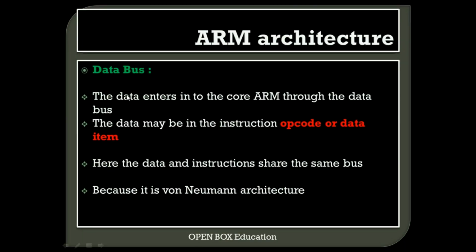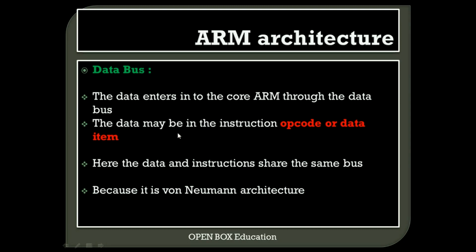Next we will talk about the data bus. The data enters into the ARM core through the data bus. That is, we know that the data will enter the ARM core through these data lines, or the data bus.